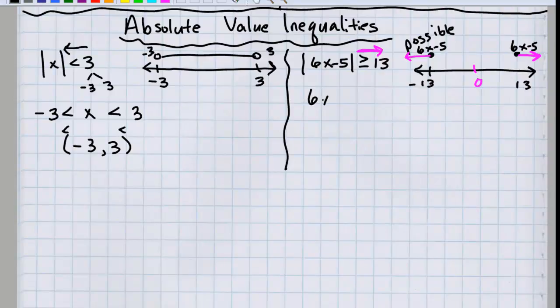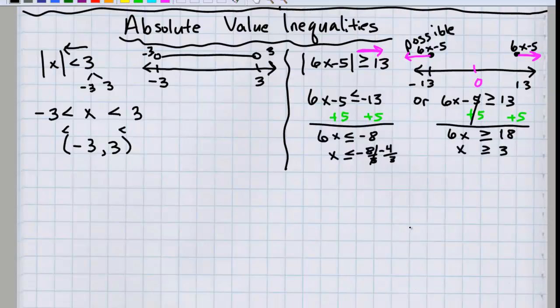I have 6x minus 5 is less than or equal to negative 13, or 6x minus 5 is greater than or equal to positive 13. And now we solve. So I have two possible solutions. x is less than or equal to negative 4/3, or x is greater than or equal to 3.